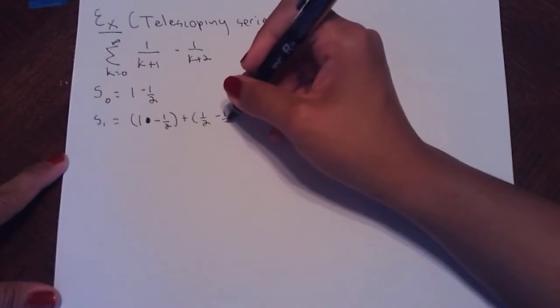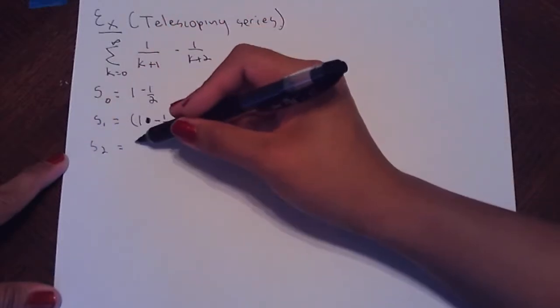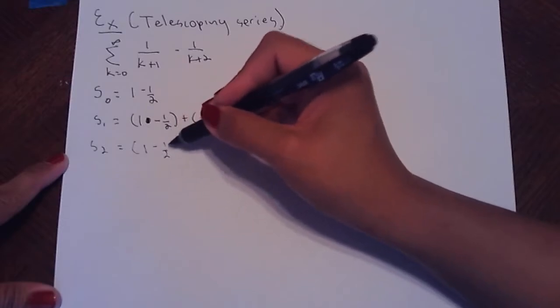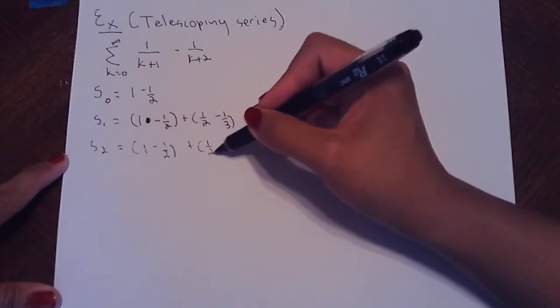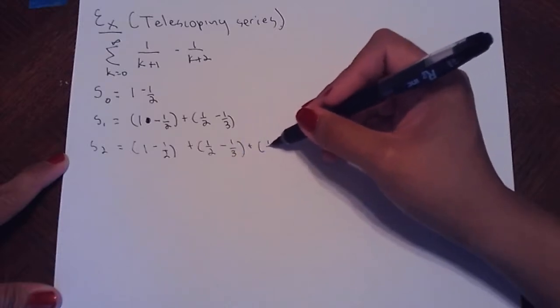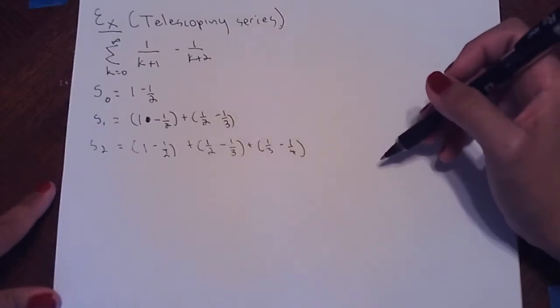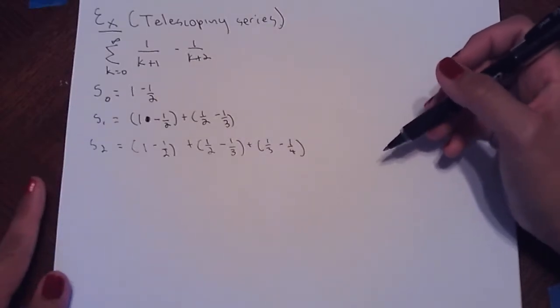For my S2, I want to add my 0th term plus my first term plus my second term. And hopefully we pick up on the pattern that's going to be happening here.